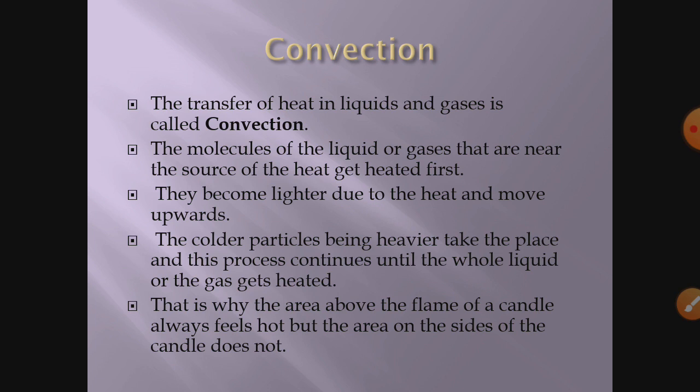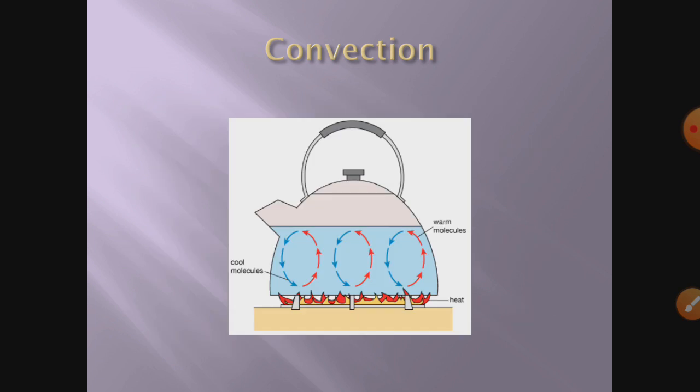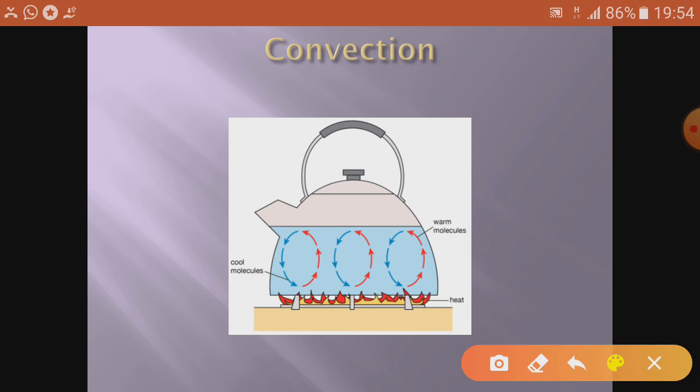Now, we will try to understand this with the help of this activity. You can see a kettle having water. It is kept on the open stove. Now you can see here, the liquid which is in contact with the flame gets heated, and the molecules, because they become light on getting heated, they rise, and the colder molecules of the water, they are heavier and they come down.